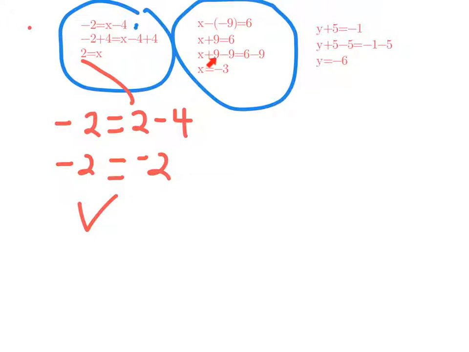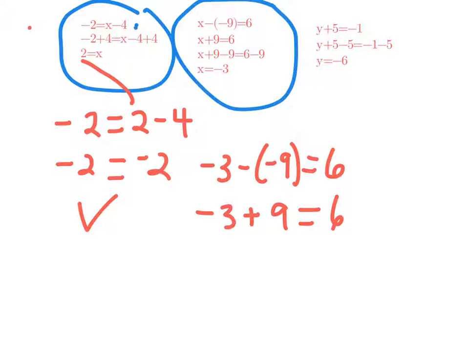So that's x plus 9 minus 9 equals 6 minus 9. And that ends up to be x equals negative 3. So let's see if when I put that into the original equation that works out. And you can see here that negative 3 plus 9 is going to be 6, and that will equal 6. So that one checks out.